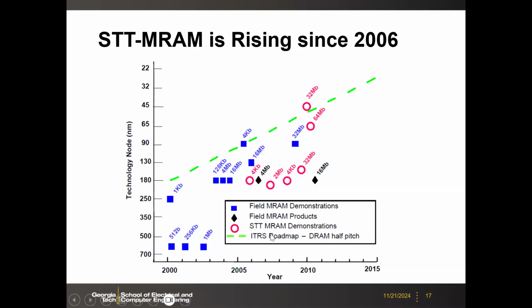And then the STT-MRAM took off around 2006, 2007, and 2008. So you see the megabit level demonstrations from the STT-MRAM. Okay, this is the early days. And for the STT-MRAM, the latest, I think the largest is about a few gigabits today.